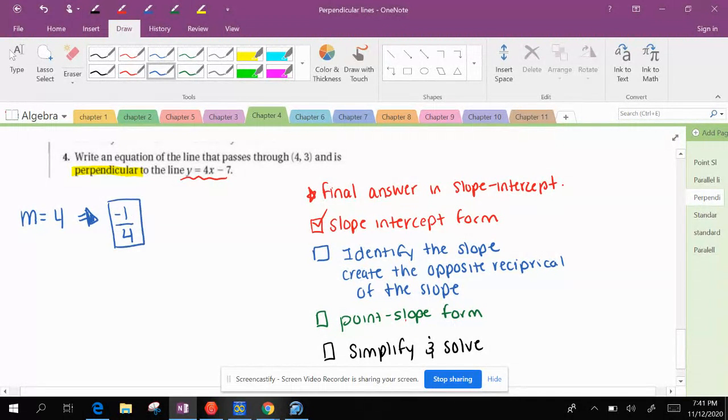This is my new slope that I'm putting into my equation. So steps 1 and 2 are done for you. You need to plug it into point slope form. I'll tell you right now, when you multiply that negative quarter in, or negative 1 over 4, it will cancel out to be a nice whole number. So you will not have a fraction or a decimal in your answer. Please type your final answer in the box provided.